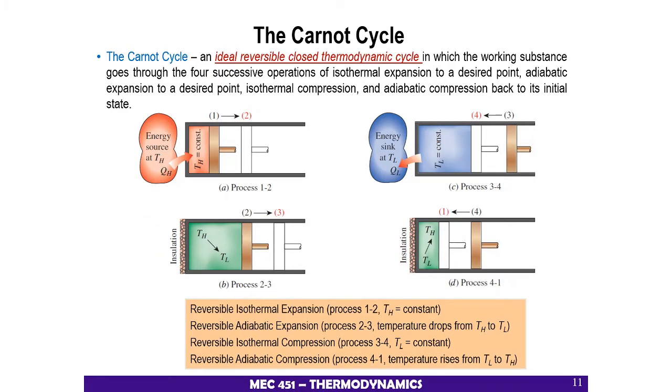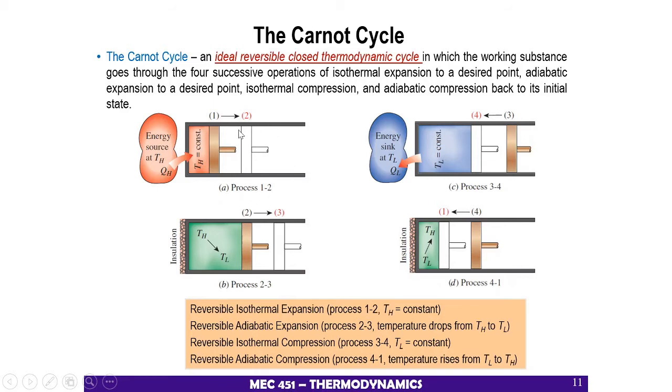Carnot cycle. Carnot cycle is an ideal reversible closed thermodynamic cycle in which the working substance goes through 4 successive operations: isothermal expansion to a desired point, adiabatic expansion to a desired point, isothermal compression, and adiabatic compression back to its initial state. So this is the process.